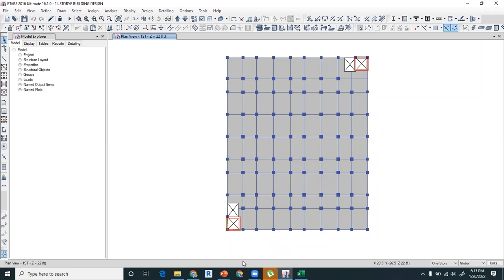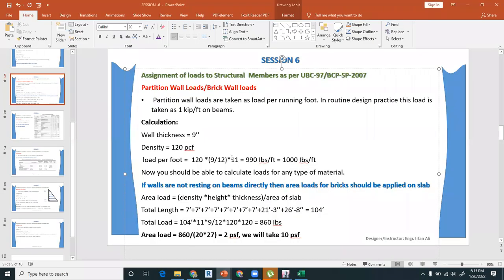So there were two mistakes in the slides. First one is this load. This is somehow supposed to be 102 kip, right? You can verify these loads and you can inform me like these two students did. So we can edit and verify these loads, right?